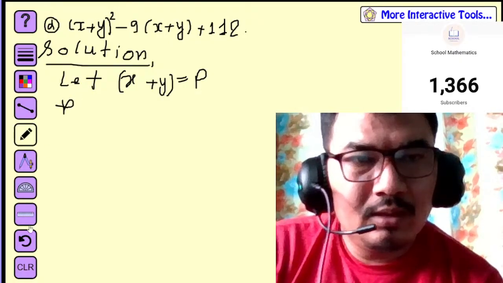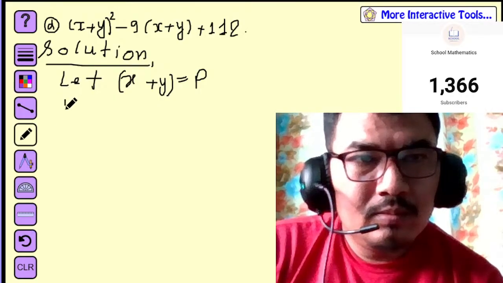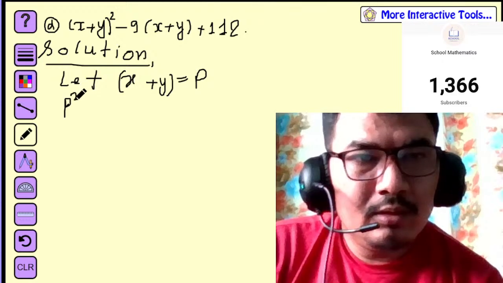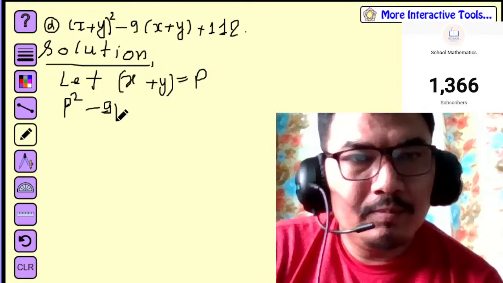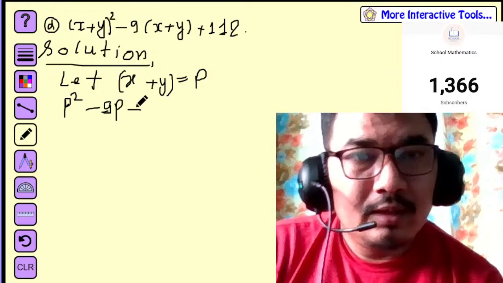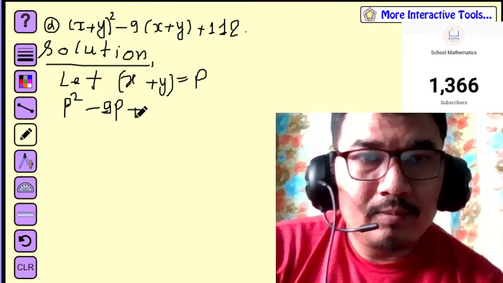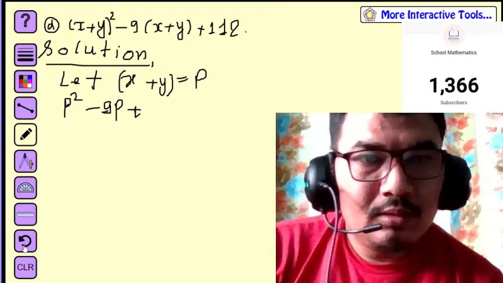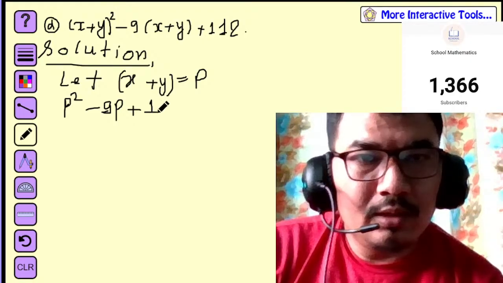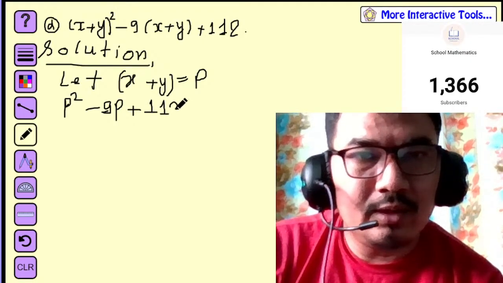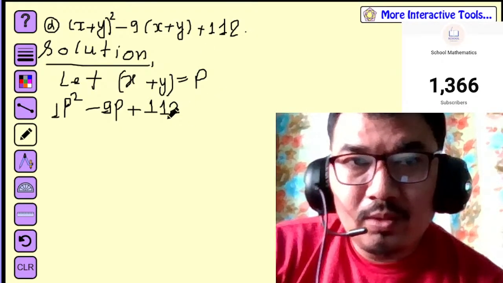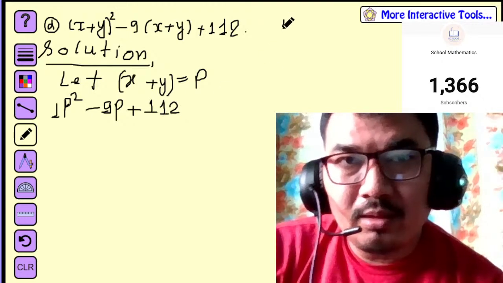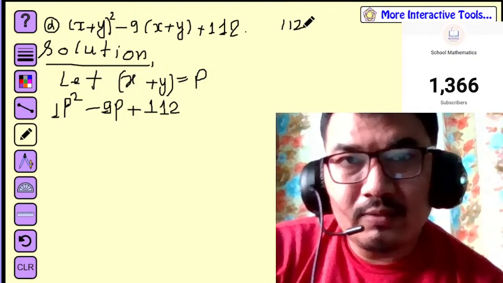The first term will be p square, minus 9p, and plus 111. Sorry, it is 112. Now its coefficient is 1 here. 1 into this multiplied, 112 only will be there. Let's factor this.